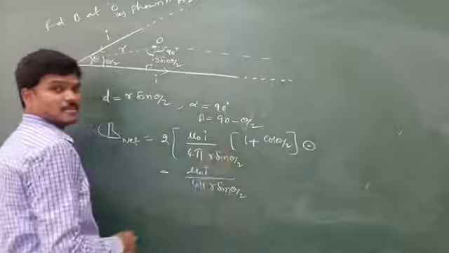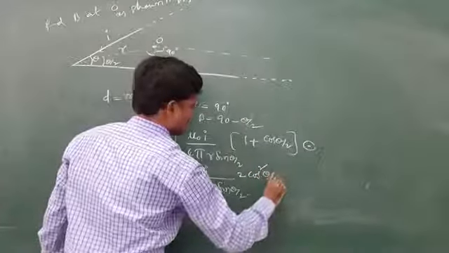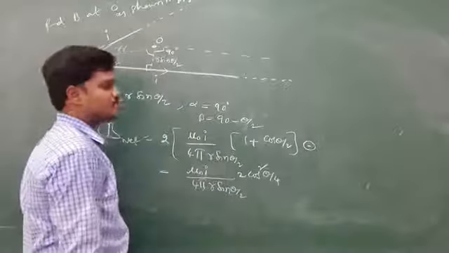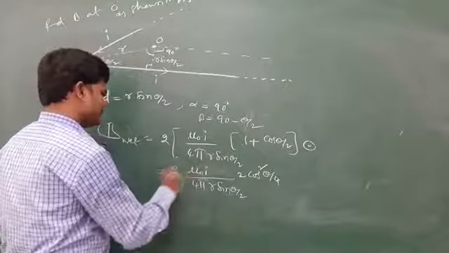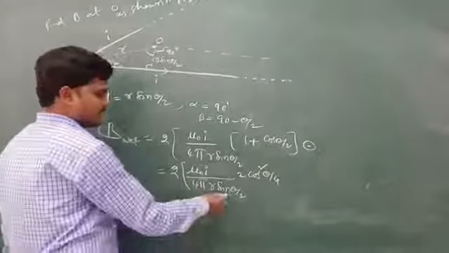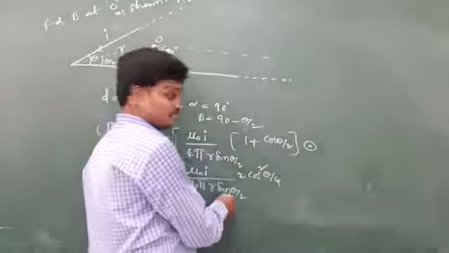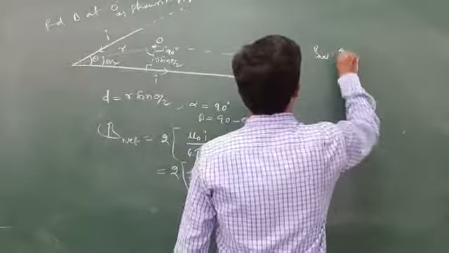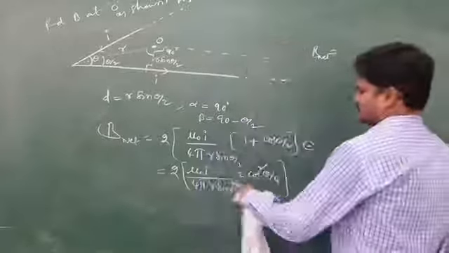1 plus cos theta by 2 is 2 cos square theta by 4. Use trigonometry. Already 2 is there here. And this sin theta by 2, we can write as 2 sin theta by 4 cos theta by 4. So B net is equal to 2 already there.